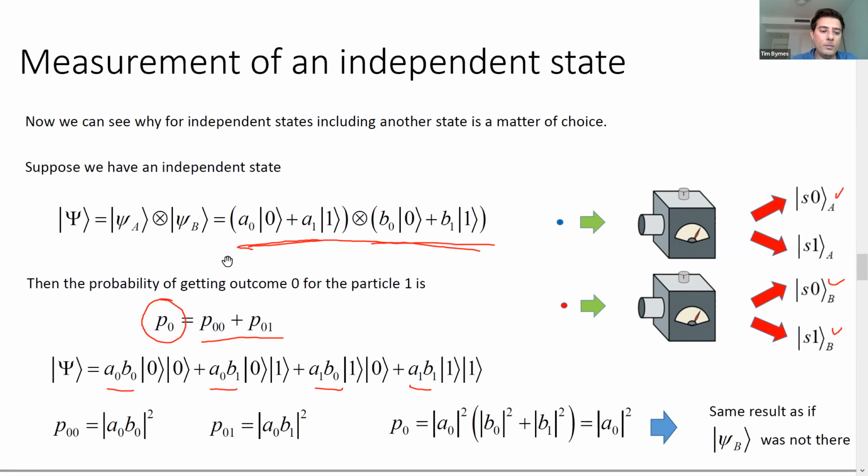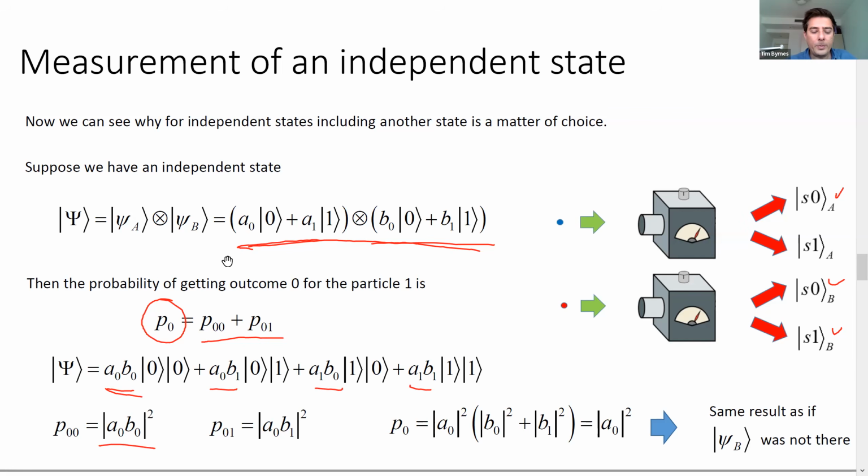We already worked out how to compute the probabilities. The rule is simple: take the coefficient and take the modulus squared.